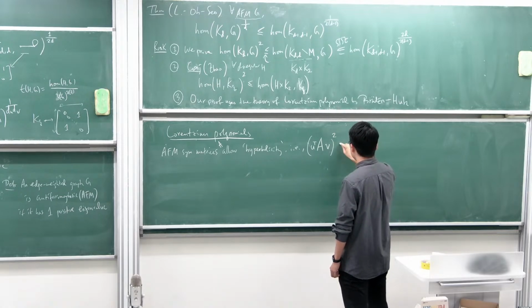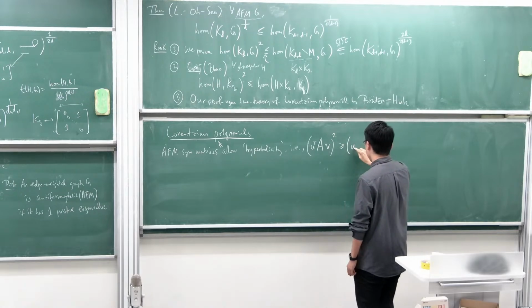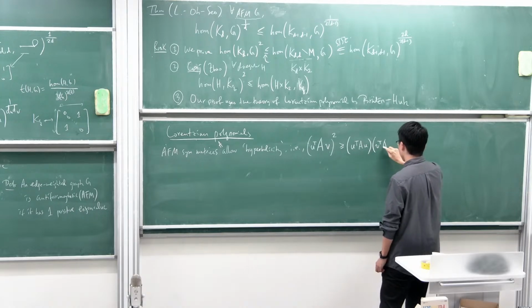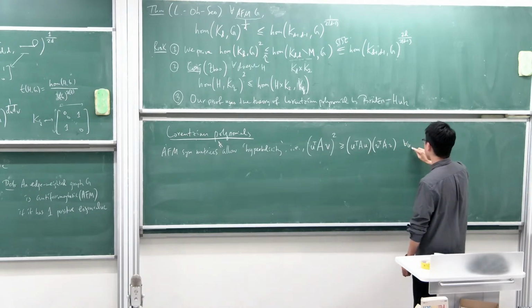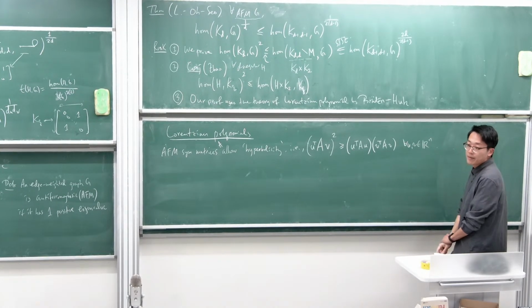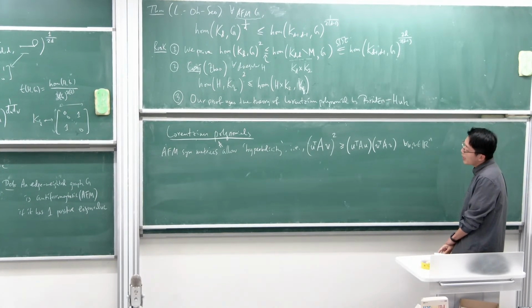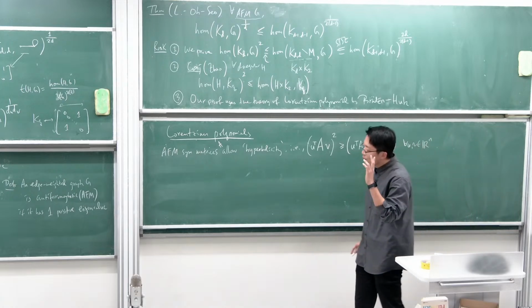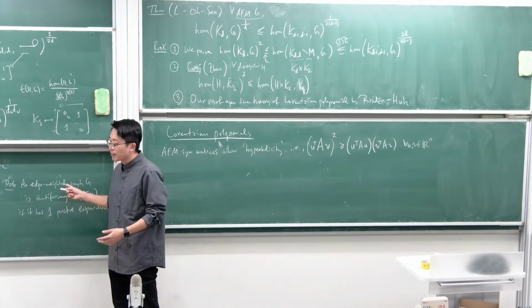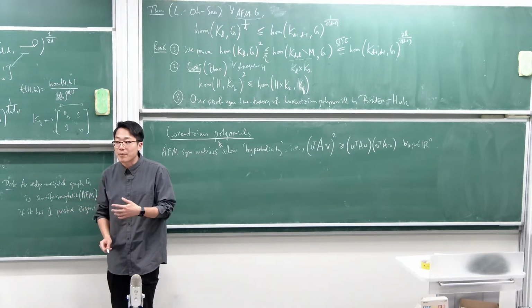Then this is at least u transpose A u times v transpose A v, for any u, v in R^n. So your A is n by n. So why is this called hyperbolicity? Well, for the other extreme, the ferromagnetic case actually corresponds to your matrix being positive semi-definite.